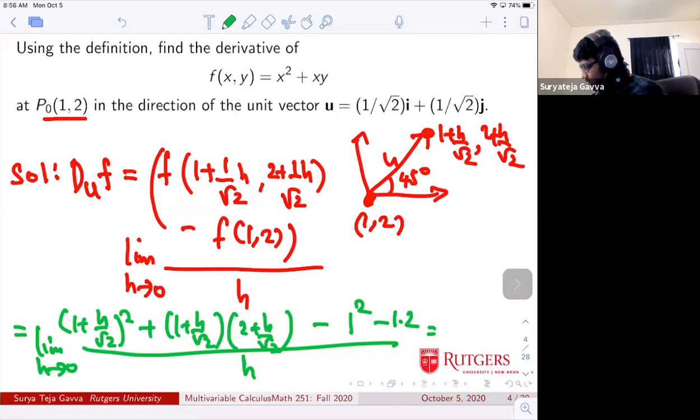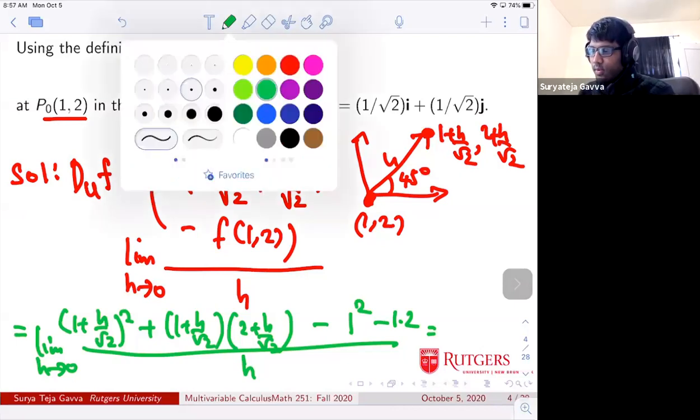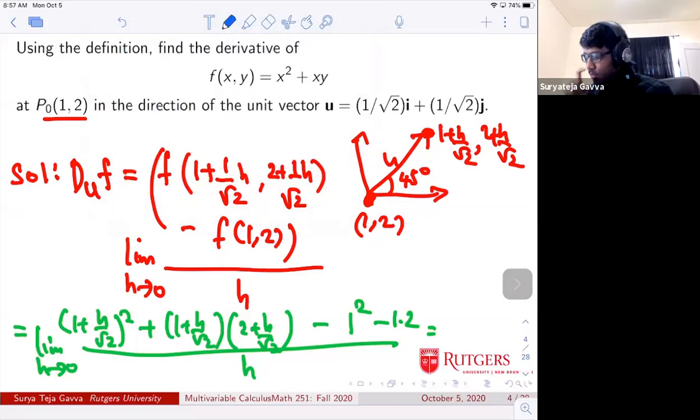Okay, so I don't have space here, but this is some limit that you have to compute. If you compute, it turns out to be 5 over square root 2. Okay, so just compute that limit. So questions?